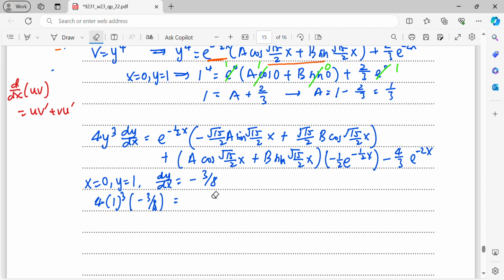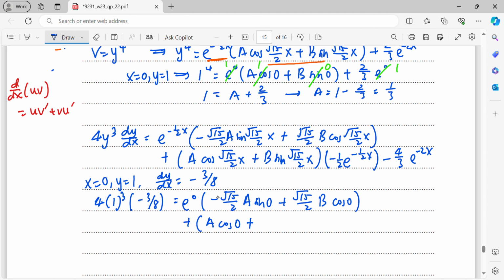Then for the right hand side, you will get e^0 because the x is 0, minus square root 15 over 2 a sine 0 plus square root 15 over 2 b cos 0, and then plus a cos 0 plus b sine 0, multiplied with negative half e^0, then last term 4 over 3 e^0.